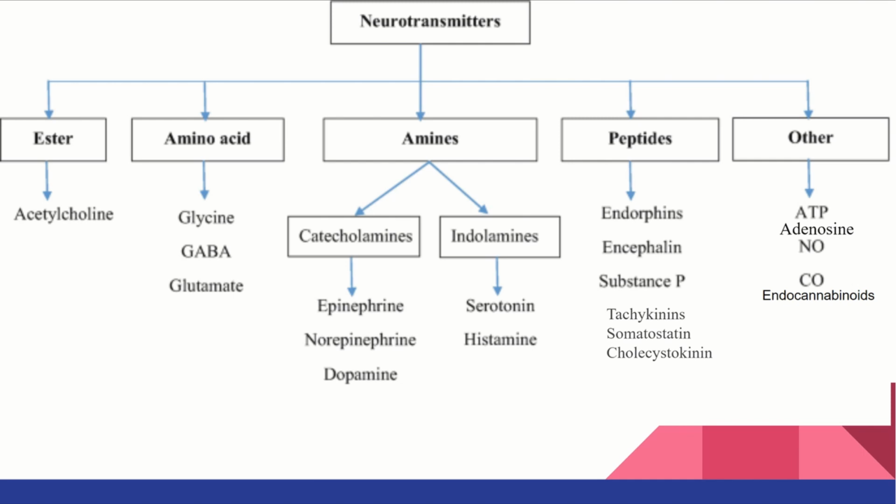Moving on to glycine. Glycine is found in the central nervous system. It's generally inhibitory, and this is the principal inhibitor found in the spinal cord. Strychnine blocks its receptors, which results in convulsions and respiratory arrest.